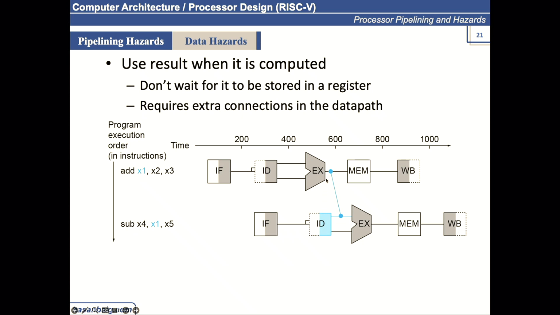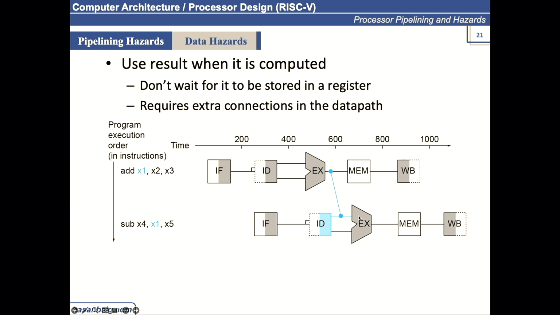Now you can see we need to decide whether the data must come after executing the ALU phase, or from the register phase. So there are 2 incoming sources for the data for this ALU now.